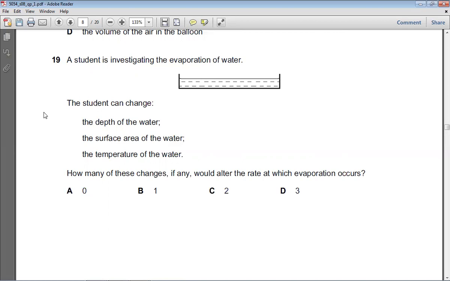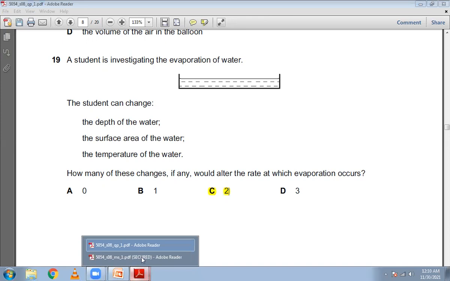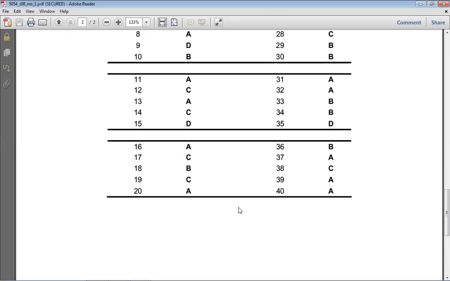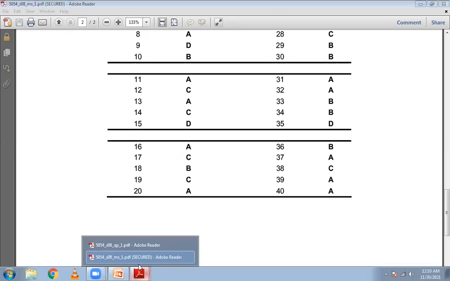So two of them can affect the rate of evaporation. The first one, the depth of the water, does not affect it. So I think C is the right answer. Question number 19, C is the right option.